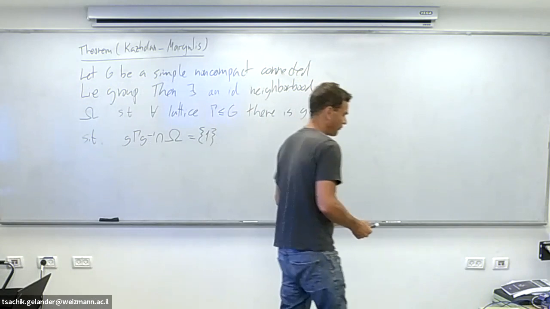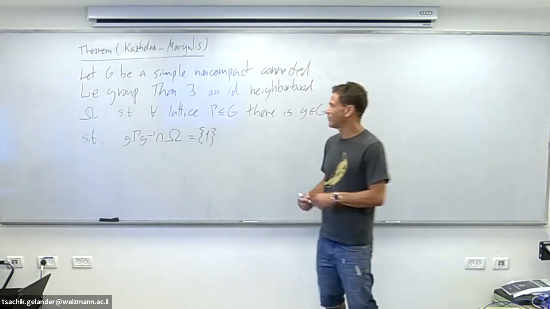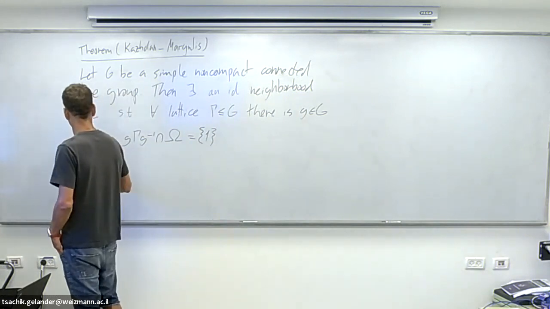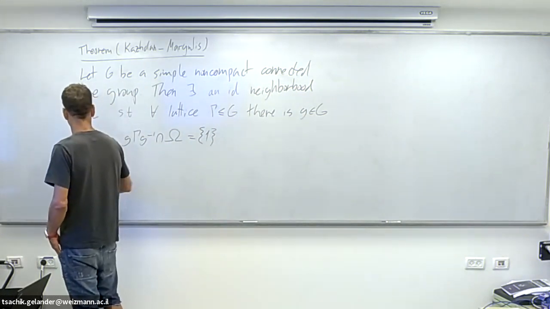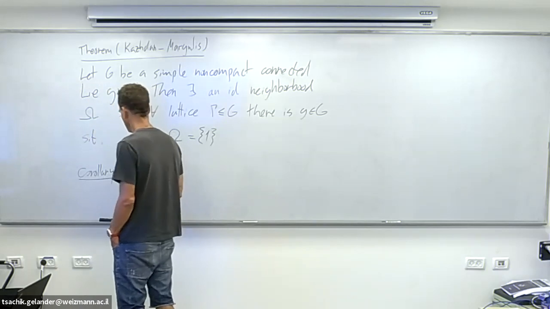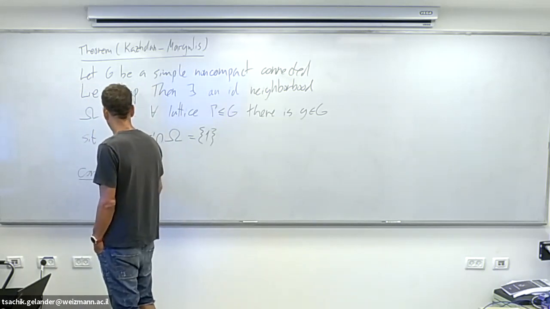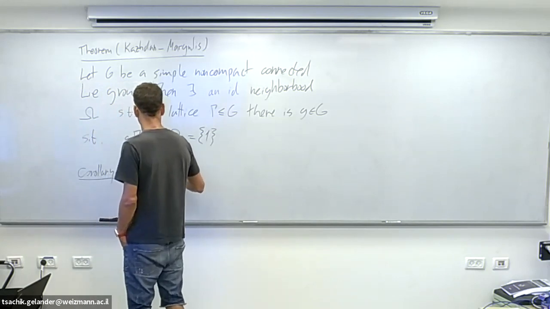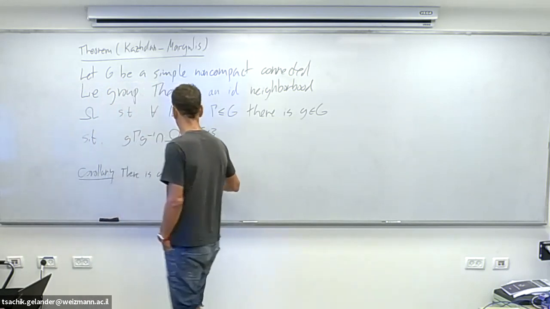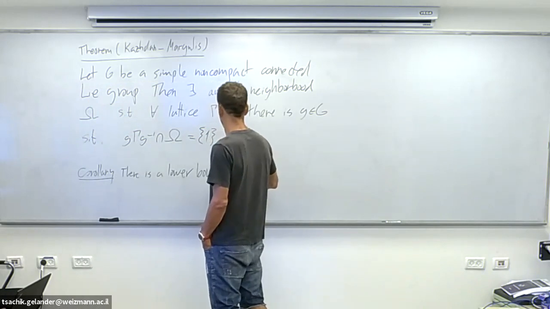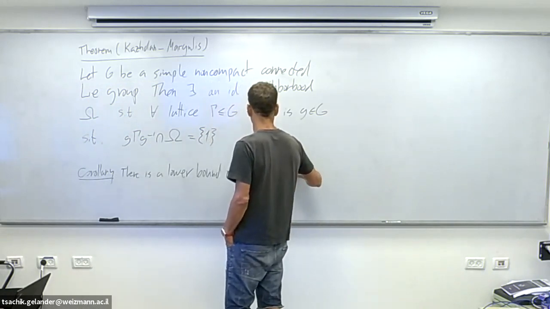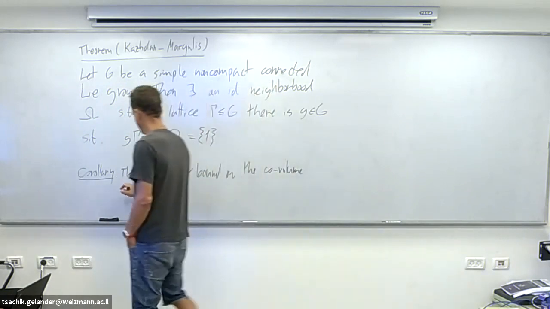The theorem is not just for lattices, but I will prove it for lattices. The interesting corollary is that there is a lower bound on the covolume of a lattice.